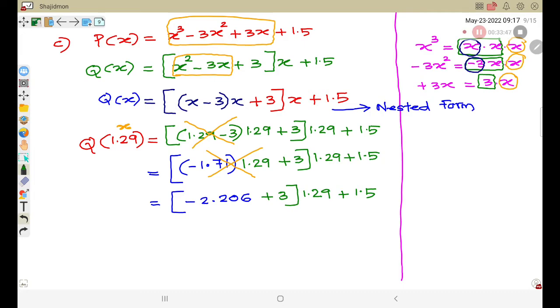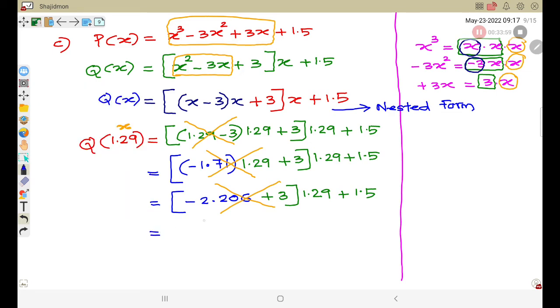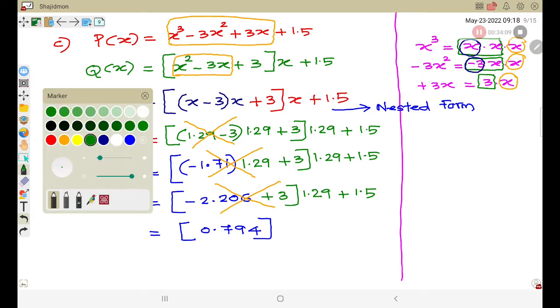Now again do the next two number calculation. That means minus 2.206 plus 3. Correct. So from the calculator you will get, with 4 digit rounding, 0.794. Okay. All other terms write same, keep it same.